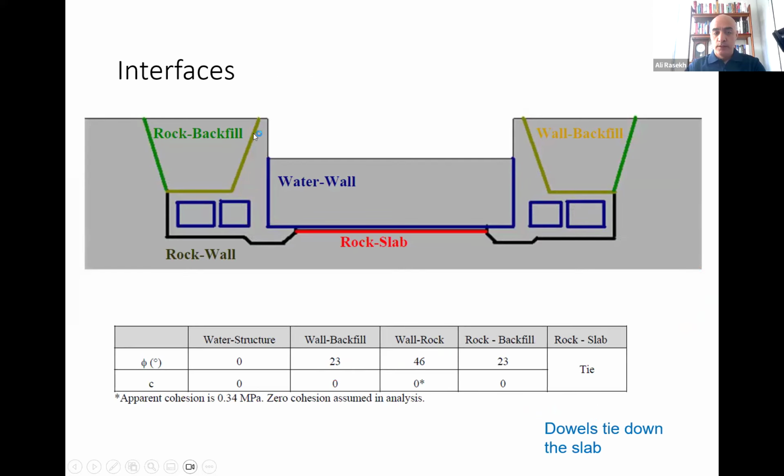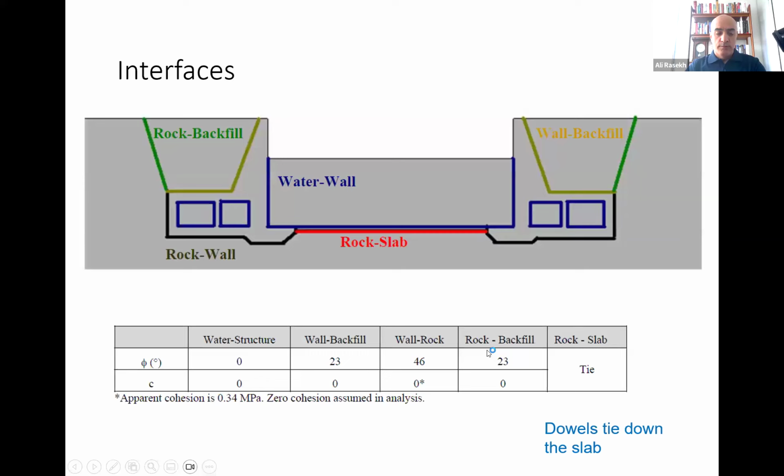And we use frictional interfaces a lot. Some of these interfaces are tied and some are frictional. Like rock to slab, this is tied because we really tied this down by dowels, so we didn't want it to jump up.